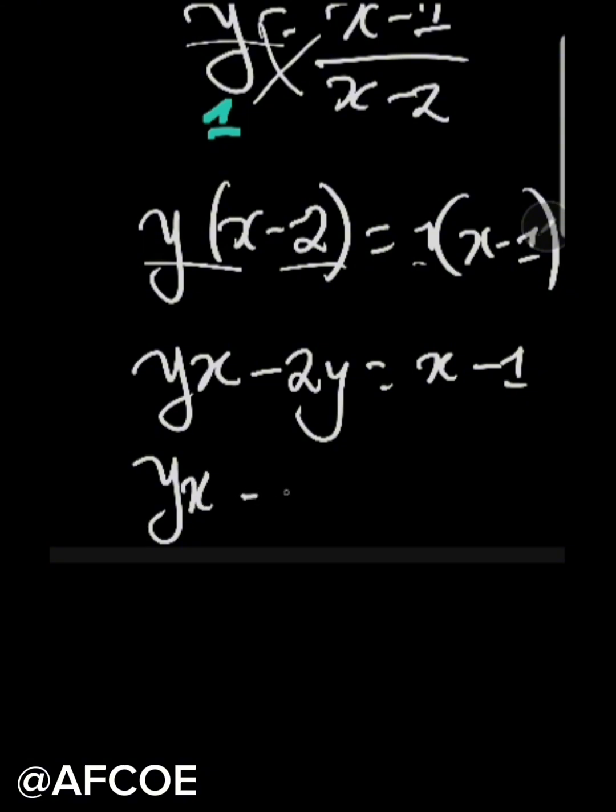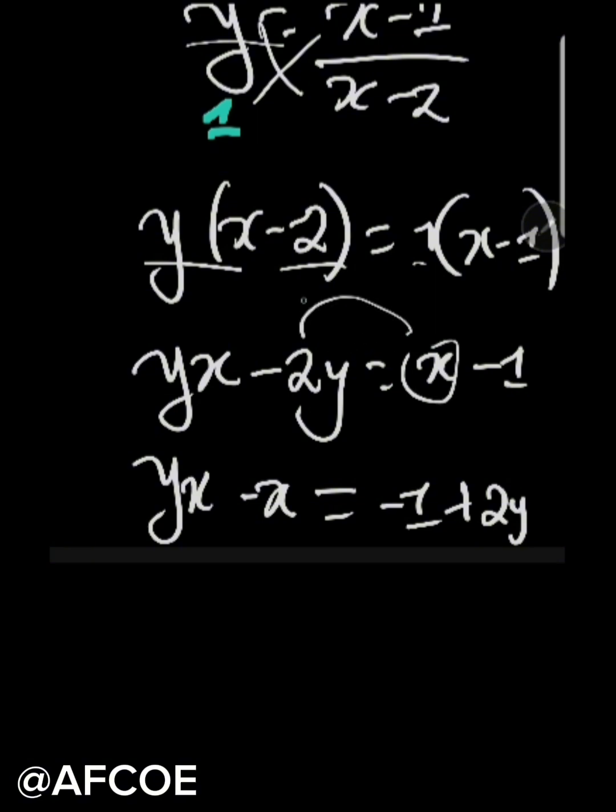We get yx minus x equals negative 1, and I'm taking negative 2y to the other side since it does not contain x, and it becomes positive 2y. Bear in mind that when a term crosses the equal sign, the sign changes.